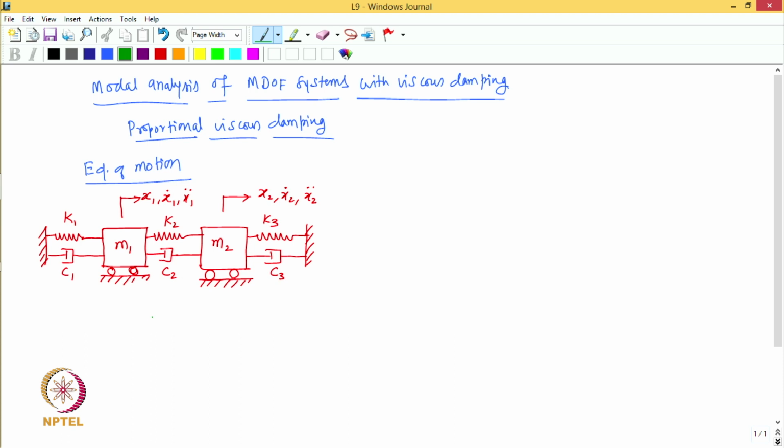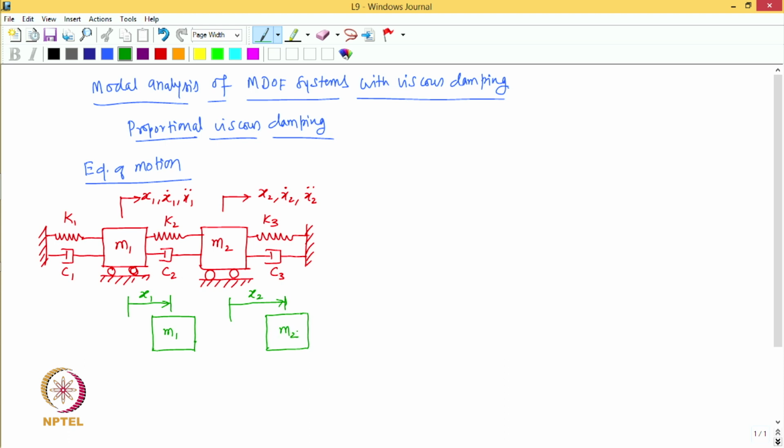Let us say mass m1 moves to a location x1 away from its mean position, and similarly mass m2 moves to a location x2 from its mean position.